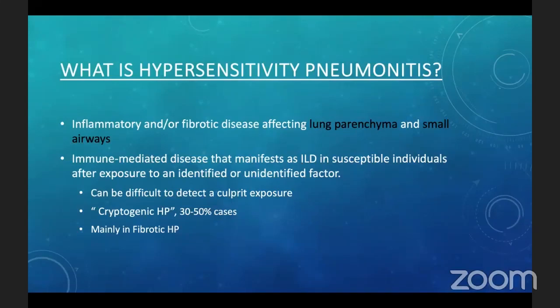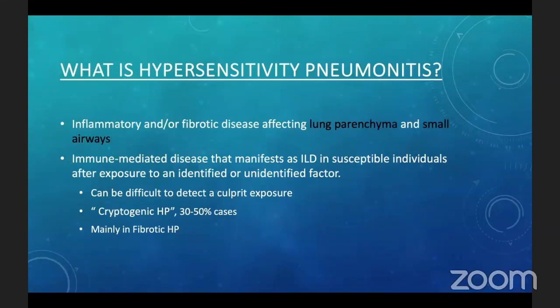It is an immune-mediated disease that is actually caused by a culprit antigen. So there is an exposure, and this is really important. Why? Because when you suggest a diagnosis, your clinical colleague will try their best to identify the culprit exposure, because avoiding the culprit exposure usually will help the patient to resolve the inflammatory stage and stop progression of the fibrotic stage.